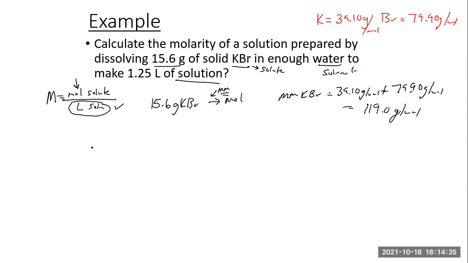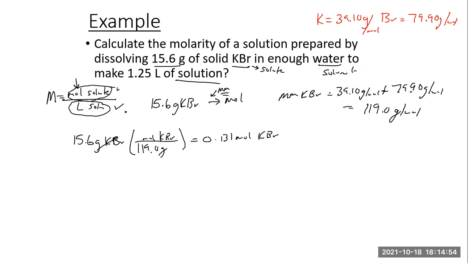That's what we'll use as a conversion factor to take our grams of solute and divide by the molar mass. Grams cancel, and we have 15.6 divided by 119, call it 0.131 moles of KBr.